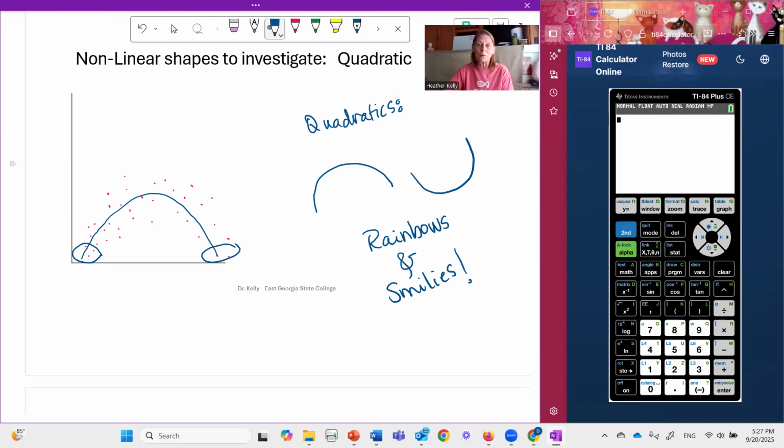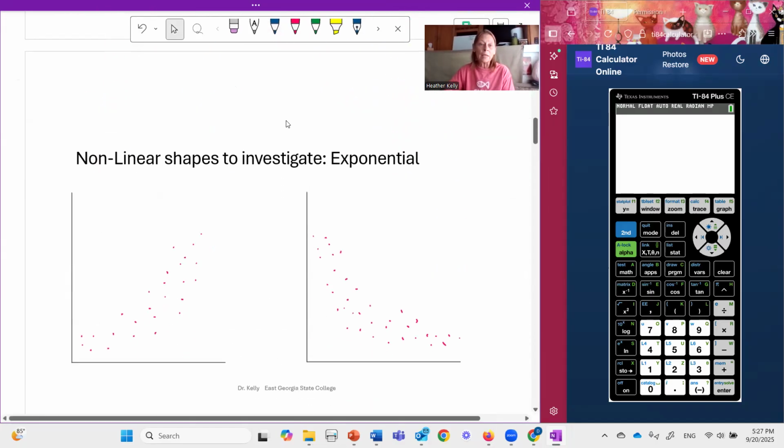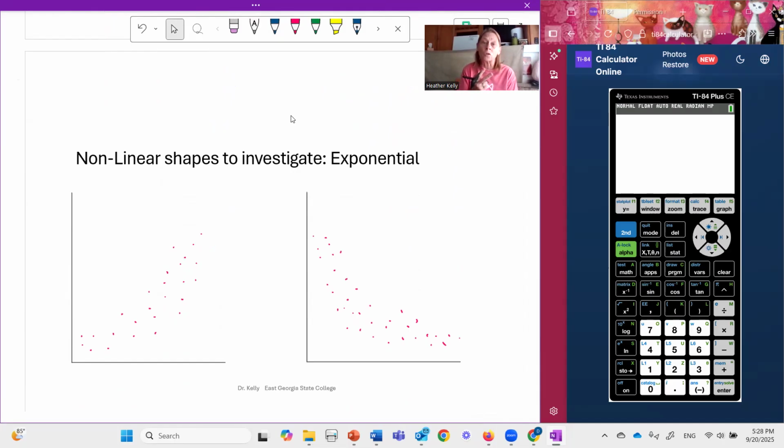All right. Let's take a look here at these exponential shapes. Now you get two kinds of exponential equations. You have exponential growth, where the function gets greater from left to right, where it kind of goes uphill.